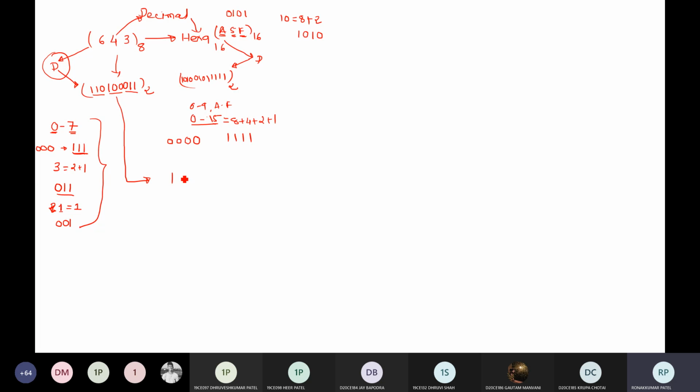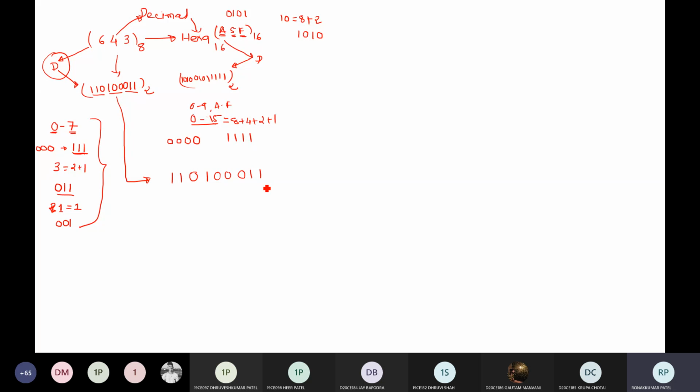The number is 1 1 0 1 0 0 0 1 1. This is the binary representation of this octal number. Now I need to convert into hexa.